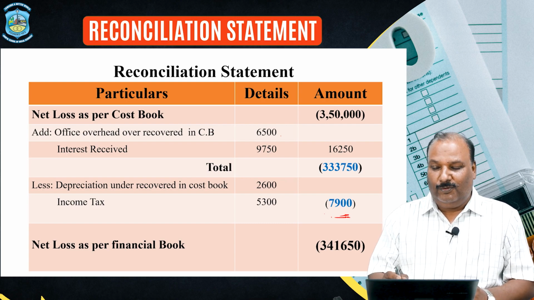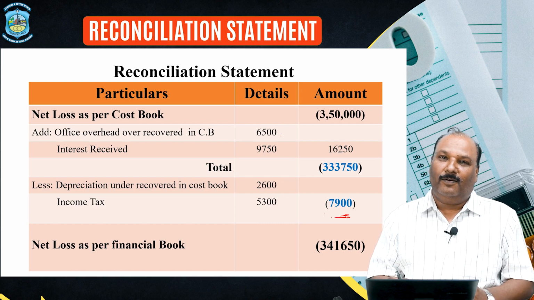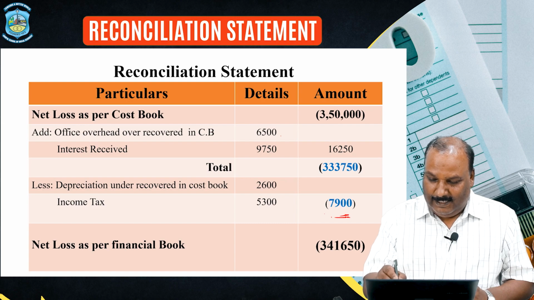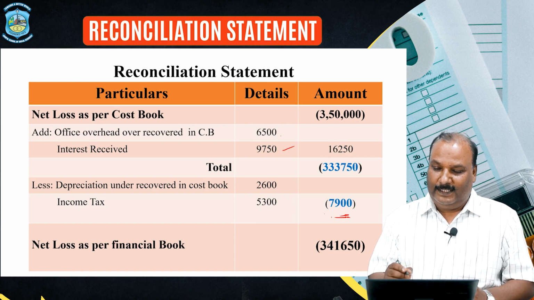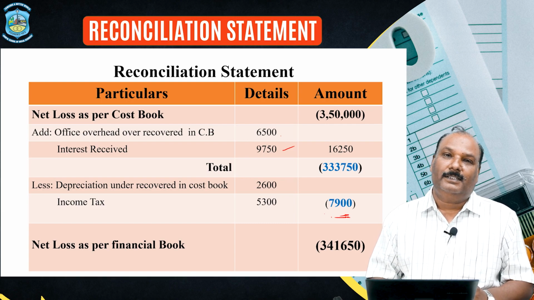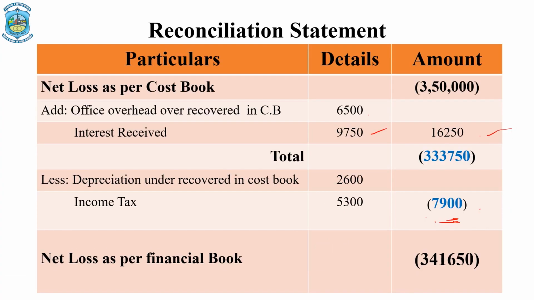Due to interest received 9,750 rupees, the profit of the financial book will increase. Therefore, we will add this 9,750 rupees. The total of 6,500 rupees and 9,750 rupees is 16,250 rupees.